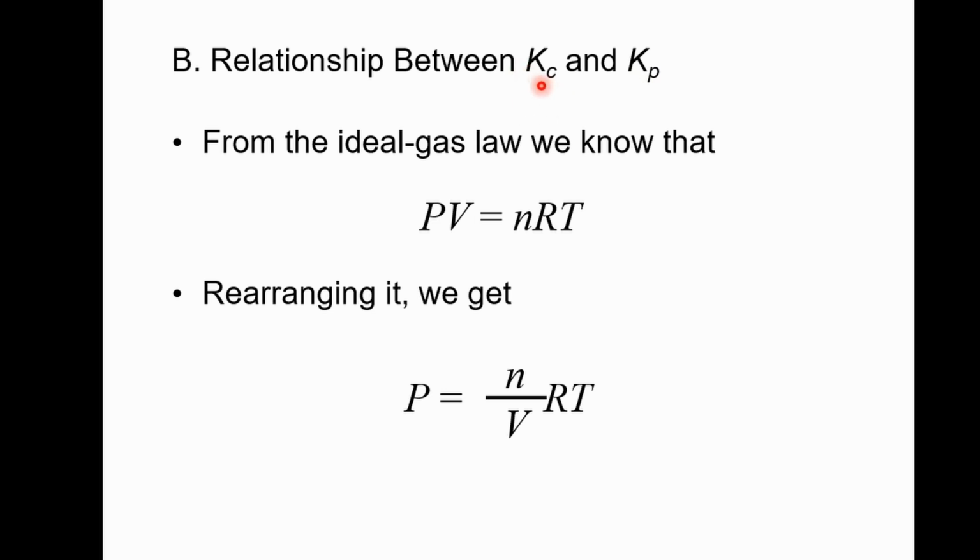So here is an equilibrium constant based on concentration, and here is one based on pressure. So pressure in a gas, we might as well pull out the ideal gas equation. PV equals nRT. If I divide both sides by V, I get moles over volume. What does that remind you of? Moles per volume. Molarity. Yes, molarity.